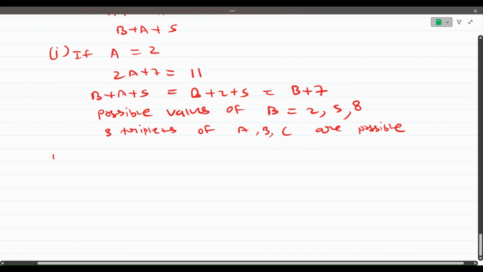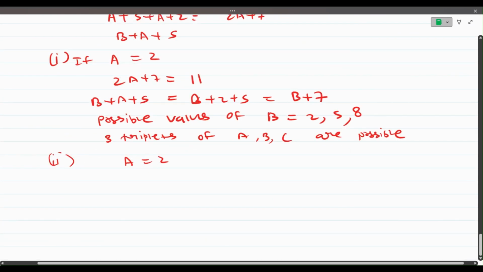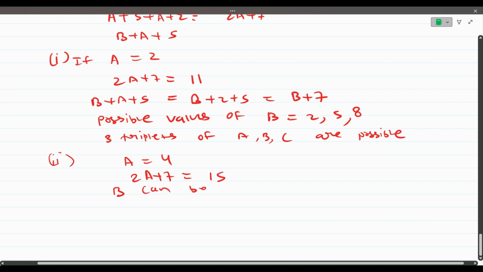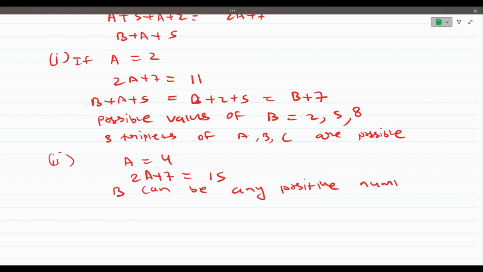Let's say you consider A equal to the second possible value, 4. Then 2A plus 7 is 15. Because now the first part is divisible by 3, B can be any positive integer from 1 to 9.